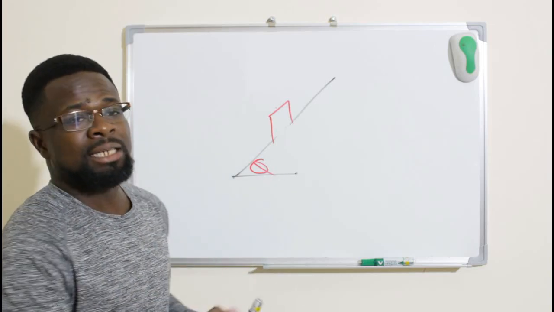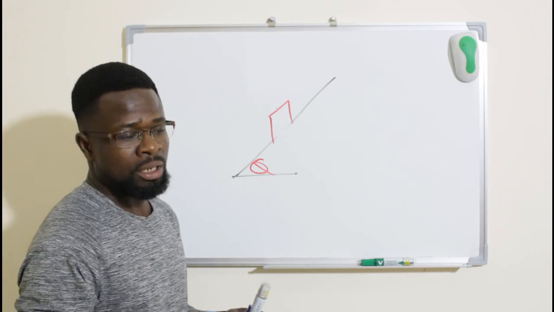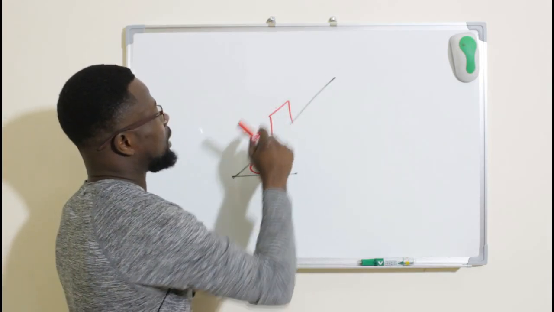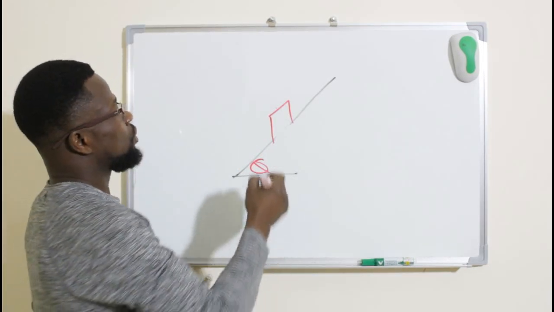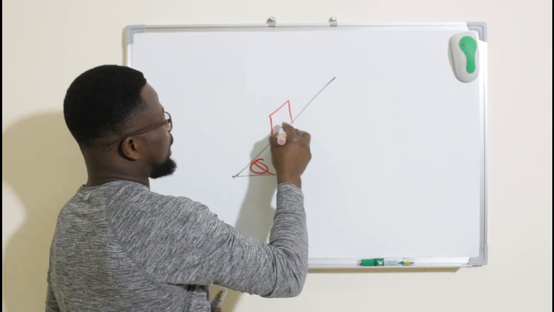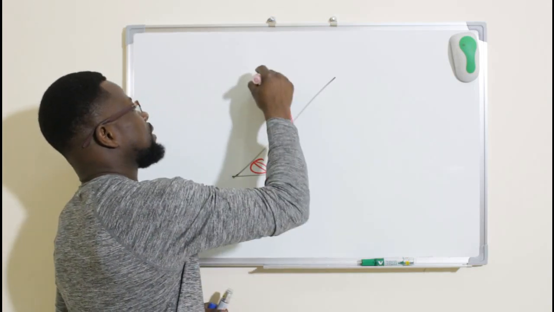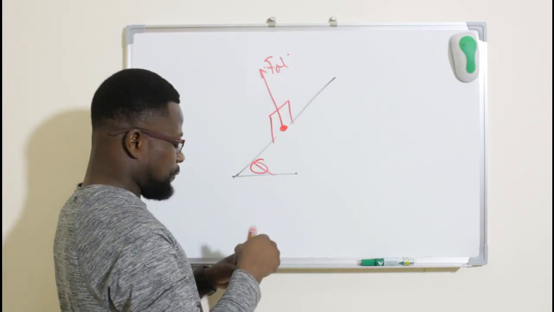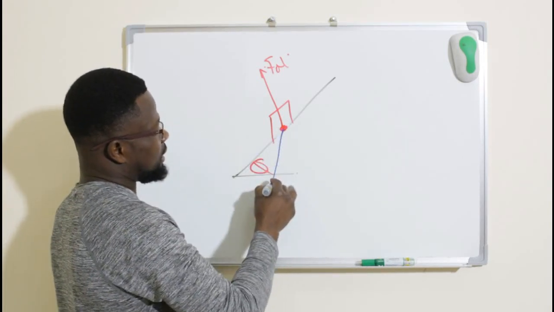So if you're having it at this point where we are having this as the angle, we can talk about the free body diagram that is acting on this particular object. And in this case, we can see that we can talk about the free body diagram by looking at it from this point, and we can see there is a normal, and we're going to have the weight of this object in this direction.